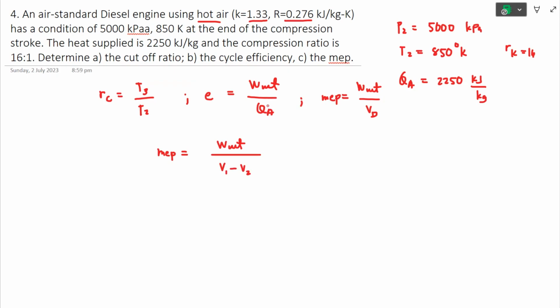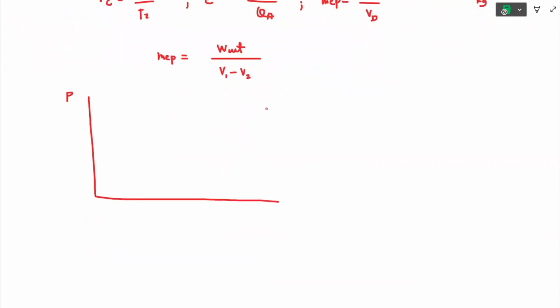Okay. I-drawing ko muna yung diagram ng PV diagram. Lagi kayo magdo-drawing para mas makabisado niyo yung system. So, PV. Okay. So, point 1. Tapos, meron akong point 2.